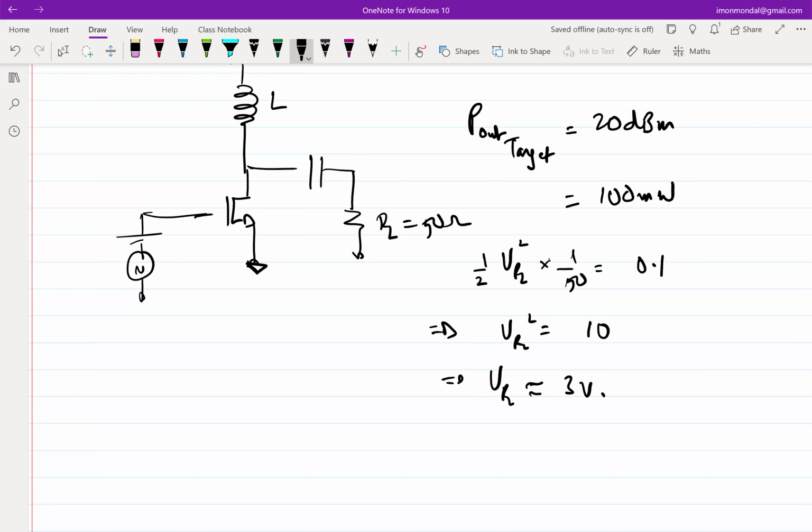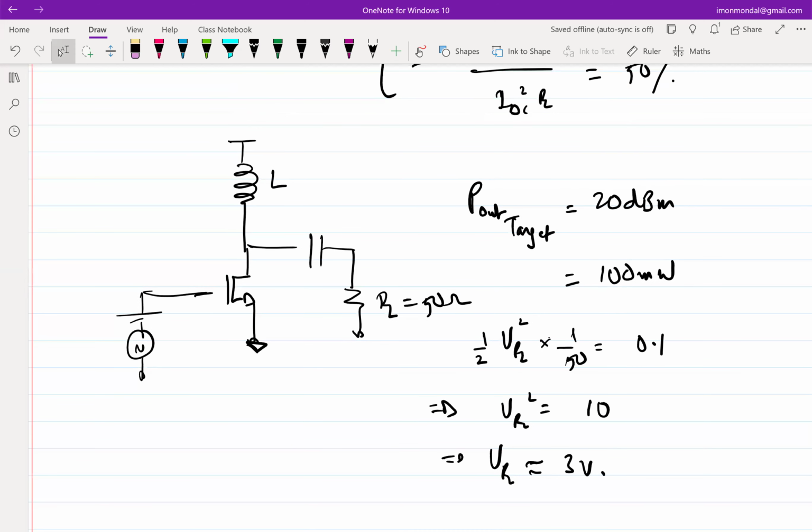So which essentially means that VRL peak to peak is 6 volt, which means the swing here is 6 volt. That's the problem. You're never going to get a 6 volt swing with even the 2.5 volt devices or 2 volt devices. You're never going to get 6 volt peak to peak swing, right?